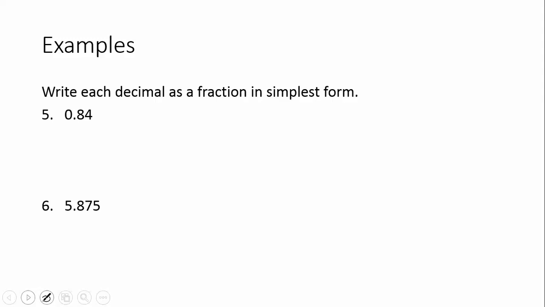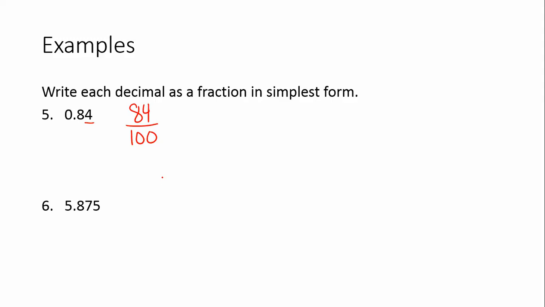Let's look at a few examples. Let's write each decimal as a fraction in simplest form. So we have 0.84. That goes out to the hundredths place, so we're going to take 84 and divide it by 100. Now we need to reduce the fraction. We need to ask ourselves, what number goes into both 84 and 100?